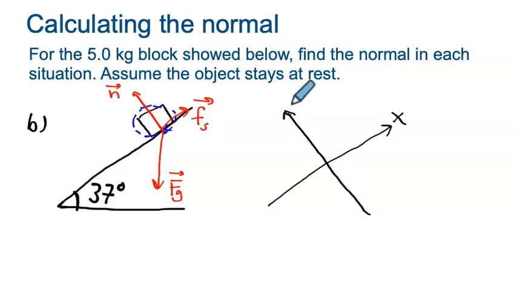So something like this. Then we can recopy our forces, and we have the normal that is now right on the y-axis, which is great, the friction force, which is right on the x-axis, and the only force that we have to decompose is the force due to gravity.